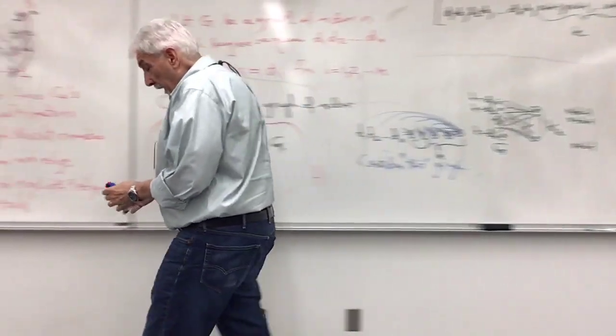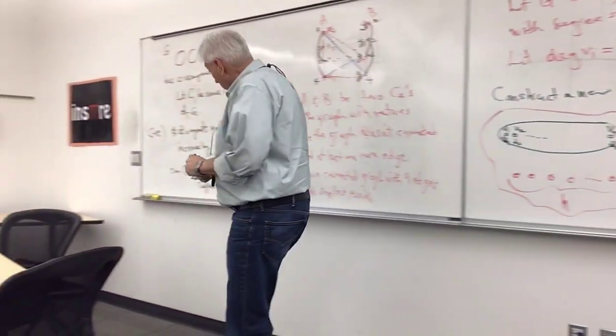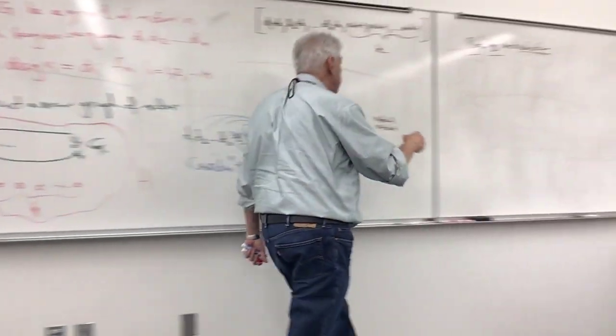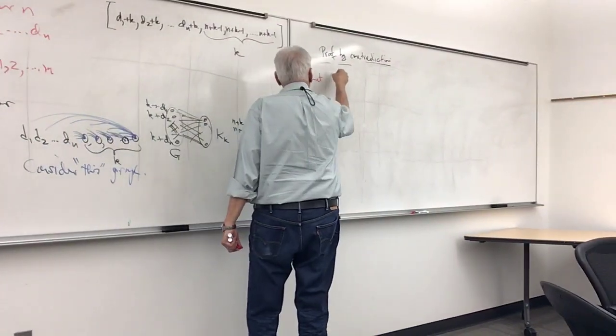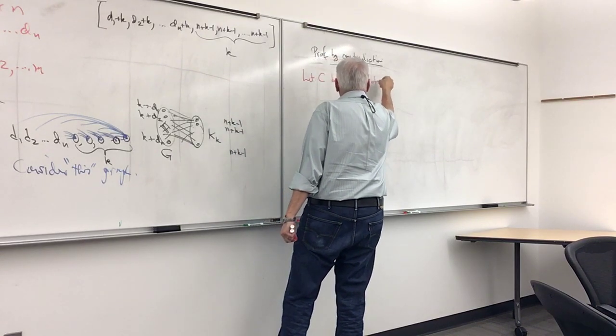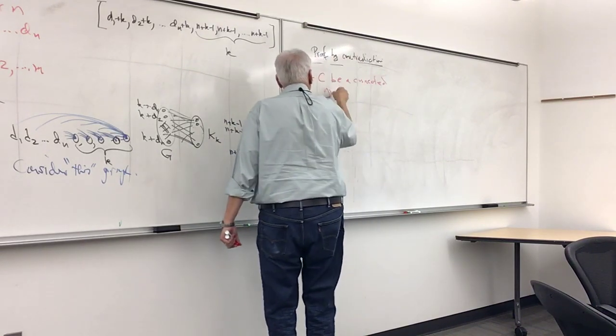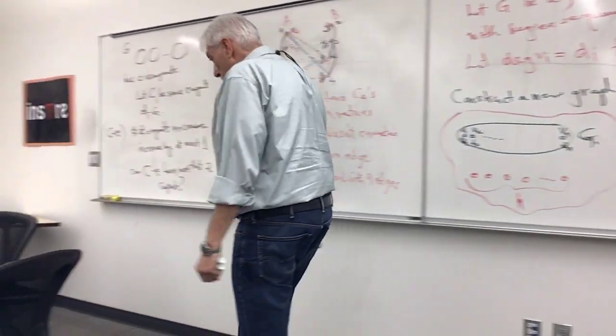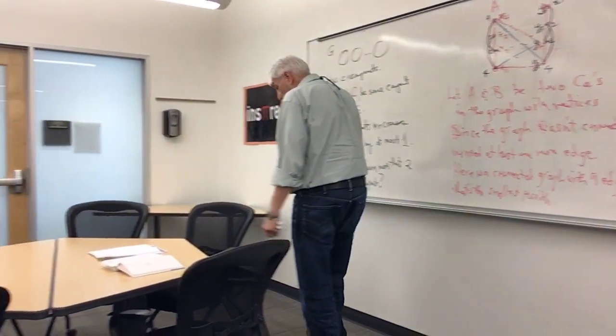What do I mean by contradiction? So let C be a connected graph. What assumption should I be contradicting?